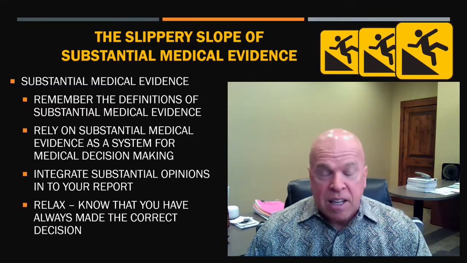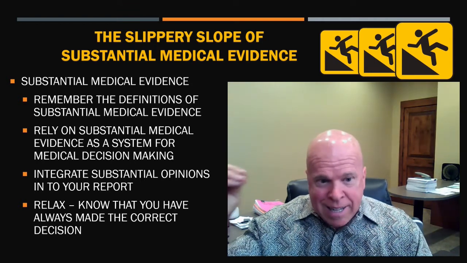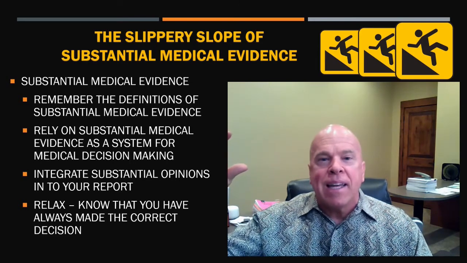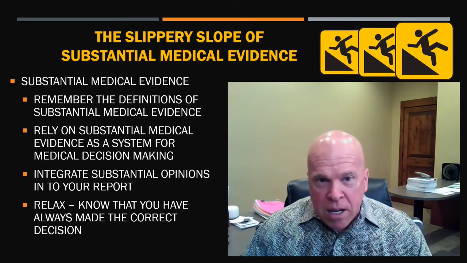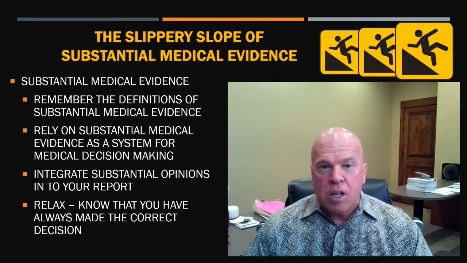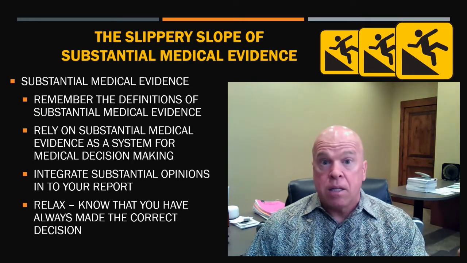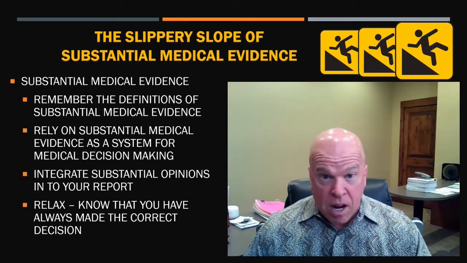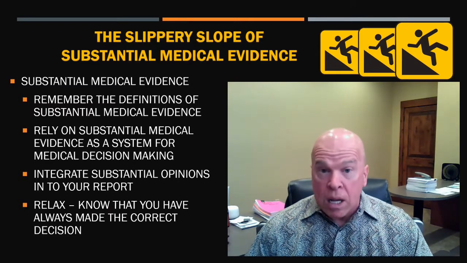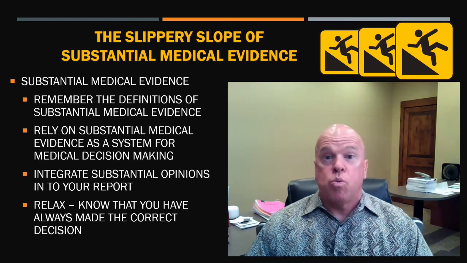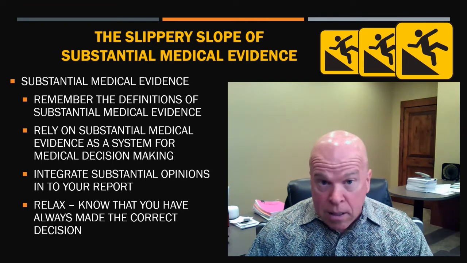And then it struck me. Ding, ding, ding. It went off in my head that what she's trying to do is she's trying to disqualify my opinion and conclusion as speculative, based on surmise, based on conjecture, based on guess, etc. She was trying to qualify it as not substantial medical evidence, which is what she's supposed to do, correct?